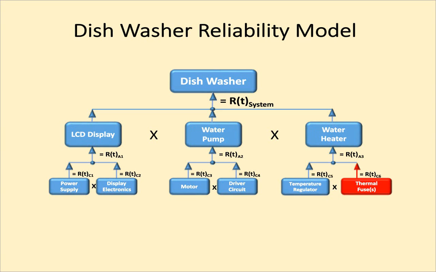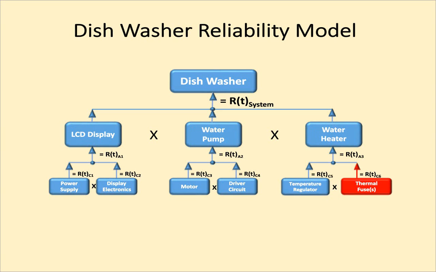So the reliability model ends up being the multiplication of the two components for each subassembly, and then you multiply the reliability levels for each subassembly to end up with the overall dishwasher reliability. So for the LCD display and water pump, a failure in those subassemblies probably results in a technician coming in, and if they perform the repair properly, your system is back up and operational, and there's not a safety issue.